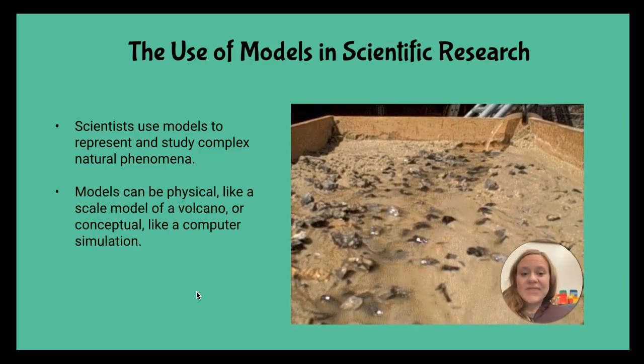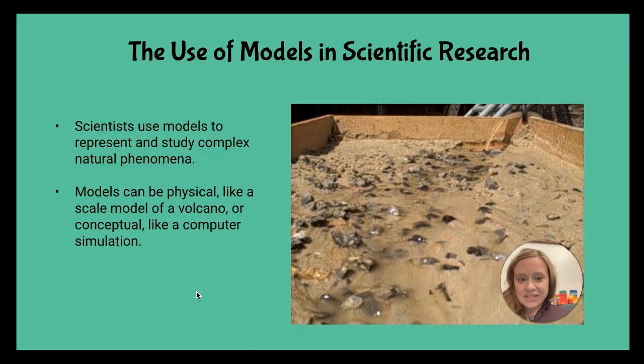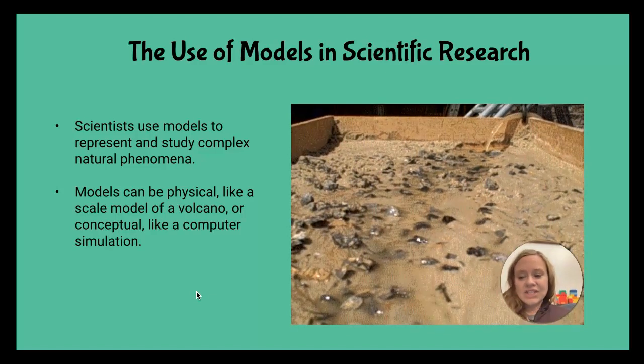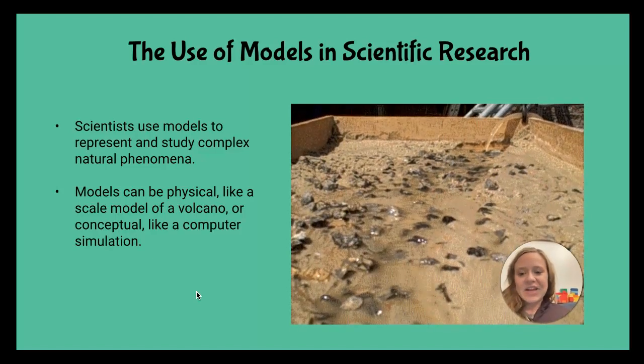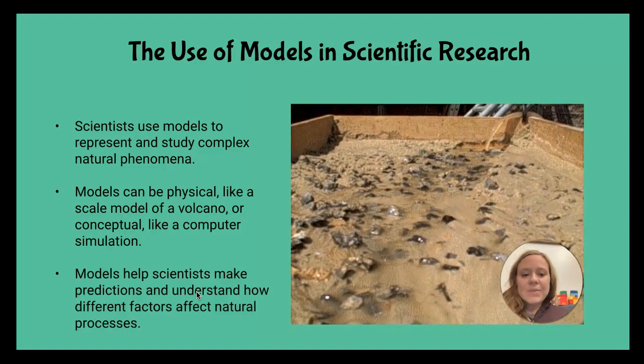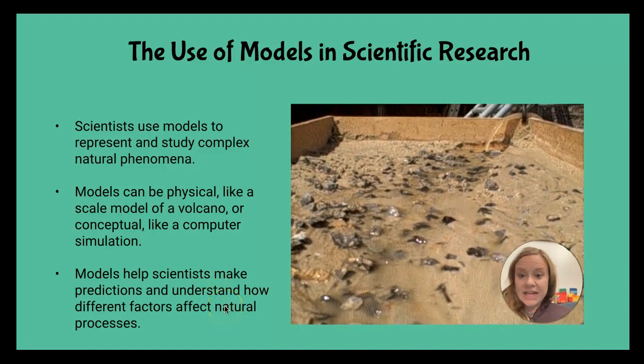And so we can make physical models, like this water model, or we can have computer models or simulation models such as the Google Mars model that you looked at in the first lesson. Models help us understand and make predictions about how different factors can affect natural processes.